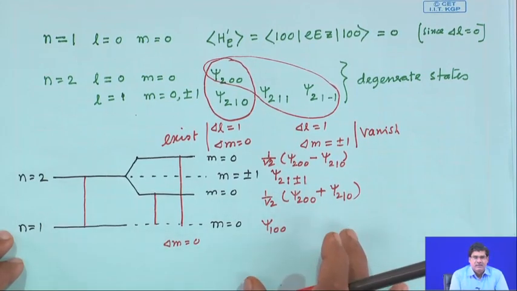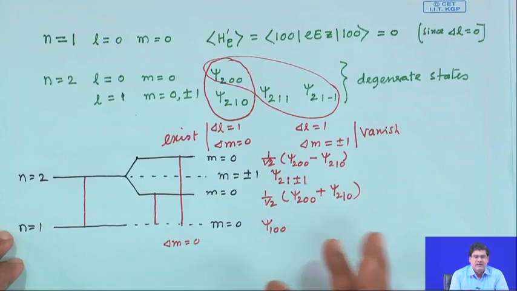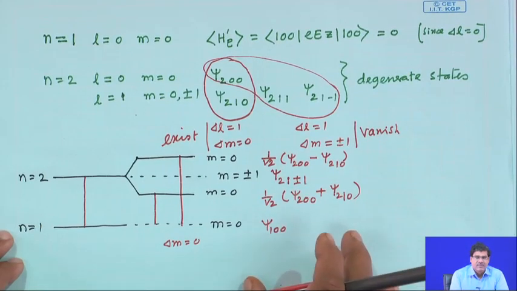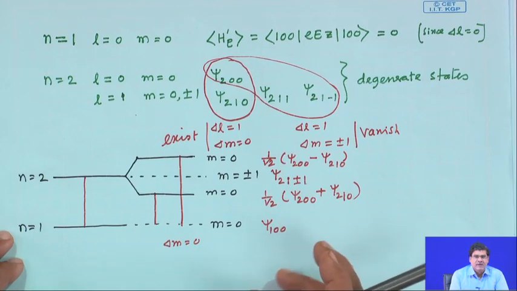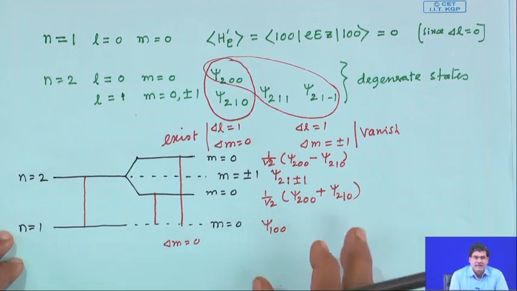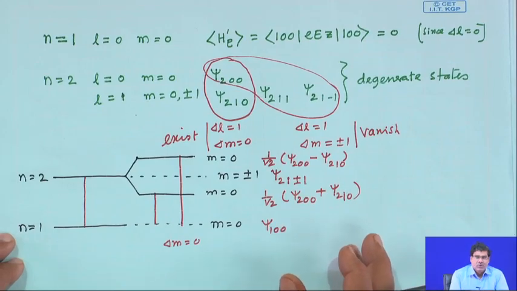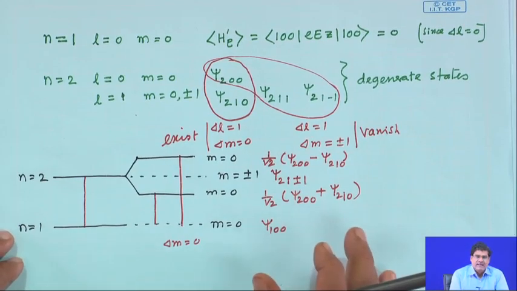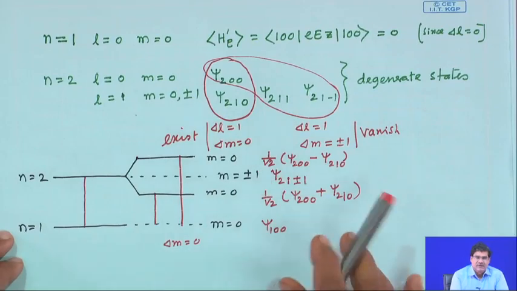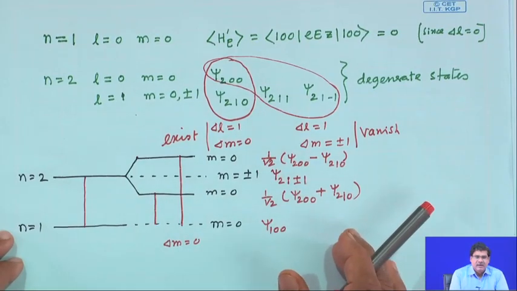From there one can find the spectroscopic term, and if you find the spectroscopic term, you can tell about the transitions and the spectral lines.